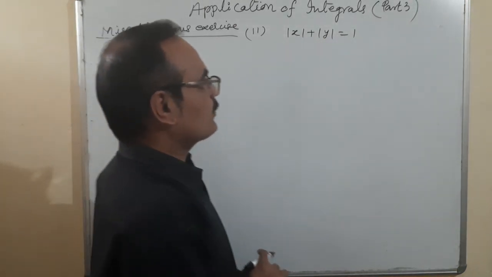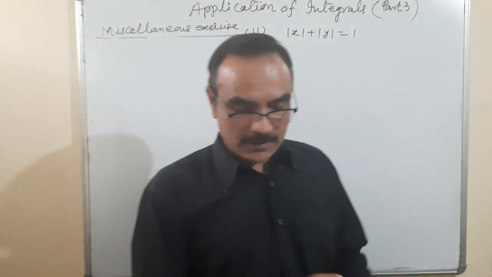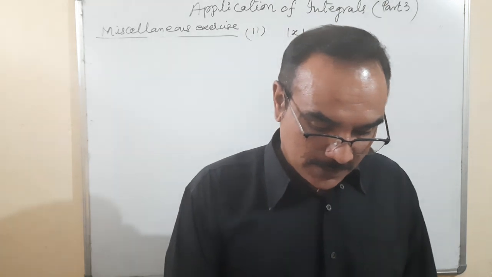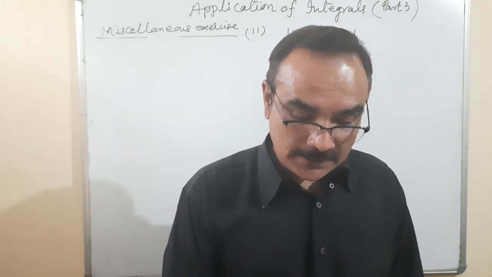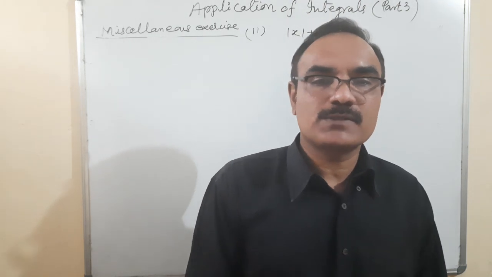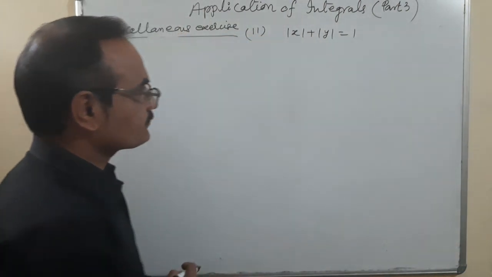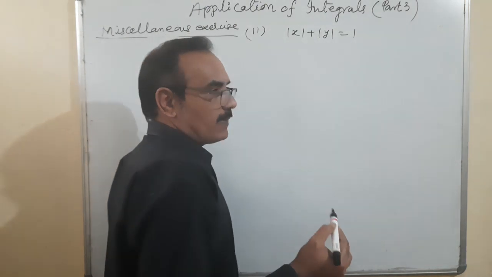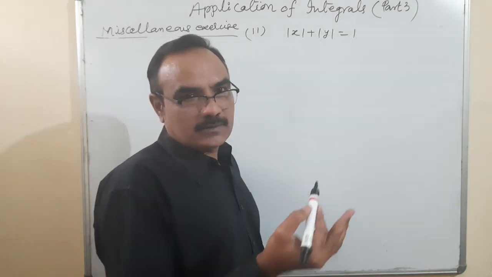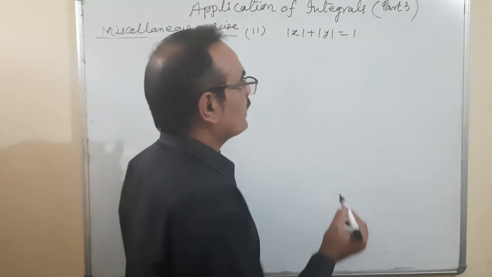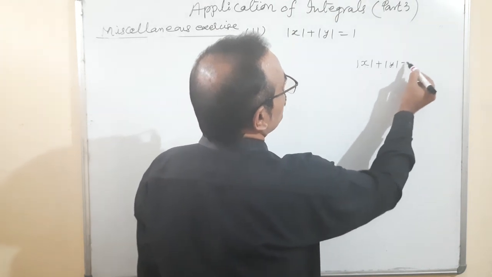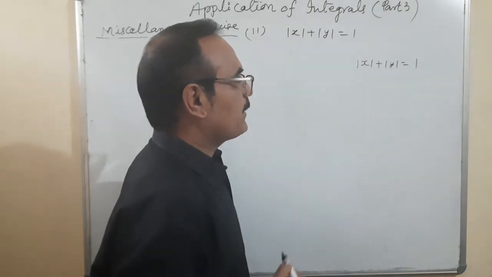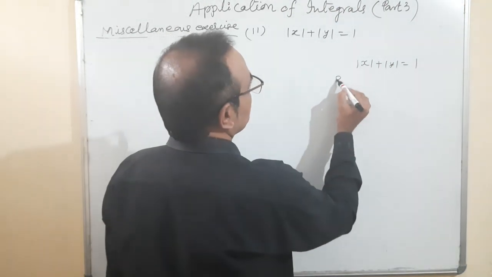Okay, and we are going to find the area of this function using the method of integration. Find the area bounded by the curve mod x plus mod y. Okay, let us sketch out the diagram of it. Mod x plus mod y is equal to 1. Okay. Here there are many conditions by the definition.